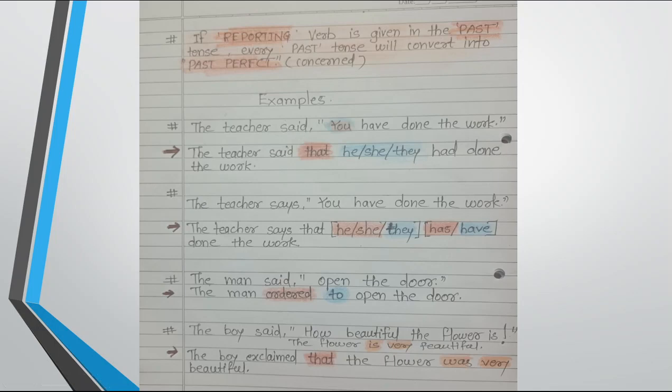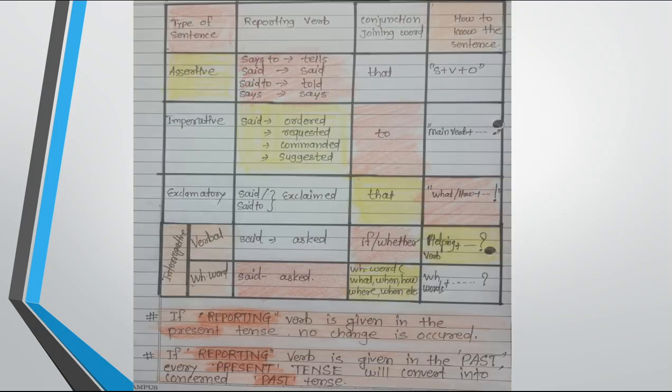The teacher said is given outside of the double inverted commas, so it is a reporting sentence. And here, you have done the work, is given in double inverted commas, so this sentence is called a reported sentence. So there are two types of sentences. One is the reporting sentence and the other, which is given in the double inverted commas, is called the reported sentence.